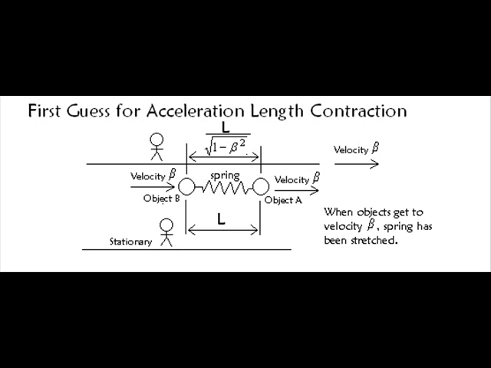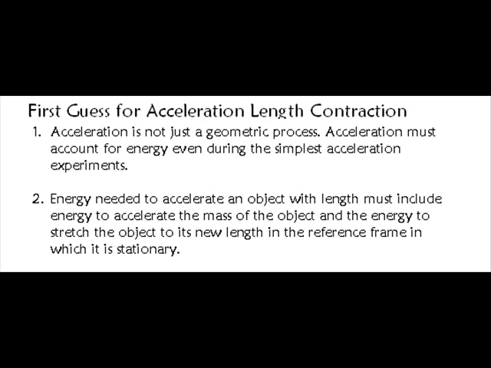But we see that the objects now stationary in the velocity beta reference frame have stretched the spring which connects them, when the spring was not stretched before the acceleration started. So we now see a very important problem with our first guess for the acceleration length contraction law.